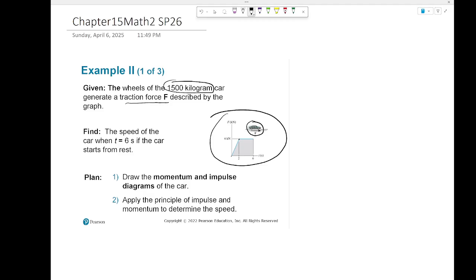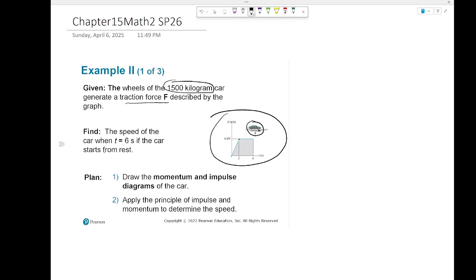Now this car is obviously not running for only 6 seconds, it's running for a while, for so long we don't know, but we are doing the math for these 6 seconds. Again, the initial ramp-up time is 2 seconds, and then from 2 to 6 seconds, that's another 4 seconds, the car is running at a constant force. So that's the situation. The traction force values are given for the car. The car mass is given as 1500 kg.